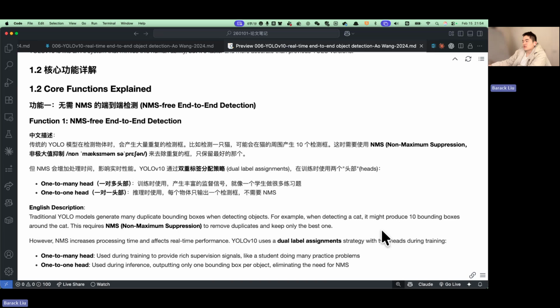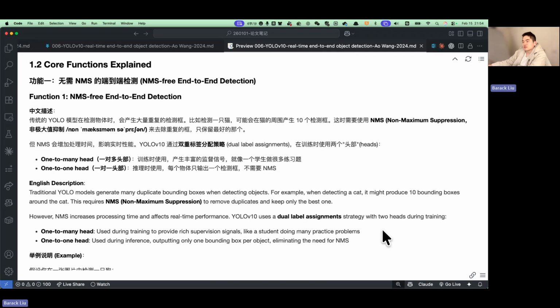For example, when detecting a cat, it might produce 10 bounding boxes around the cat. This requires NMS to remove duplicates and keep only the best one. However, NMS increases processing time and affects real-time performance.